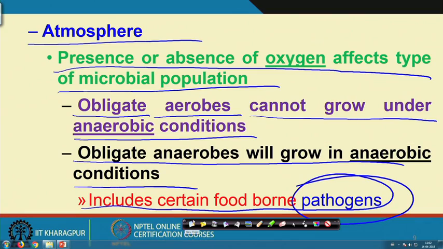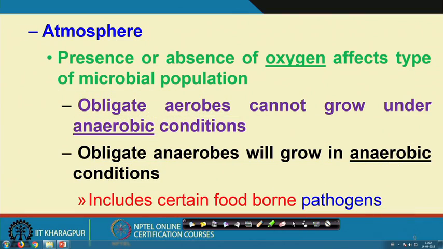So, we have both liking oxygen, disliking oxygen, with oxygen, without oxygen, depending on what the environment, what the atmosphere is, whether aerobes or anaerobes will grow, that will depend, right.